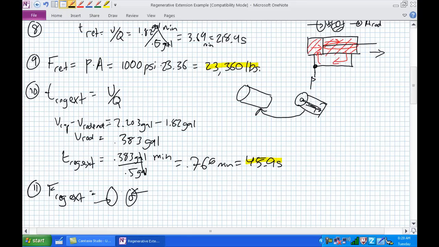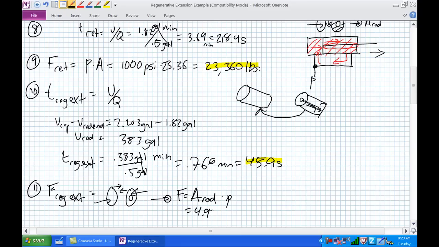What is the functional area? Well, if these guys were going against each other, running straight on into each other, the only survivor is that guy going that way. Okay? So what is that? That's the area of the rod. So my force is equal to pressure times area. Area of the rod times pressure.